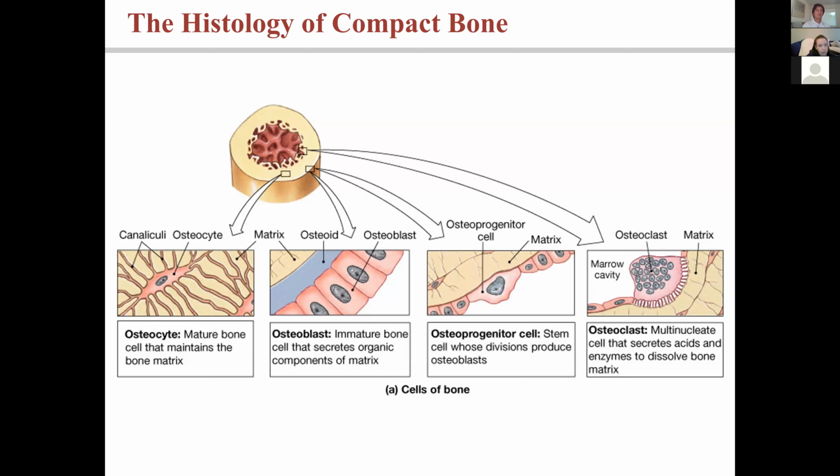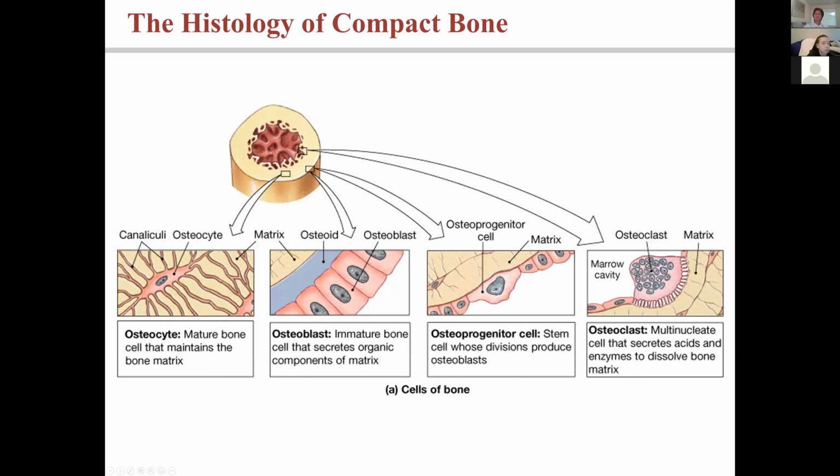This is one of them. These multinucleated cells present in the endosteum, this inner layer facing the medulla, are going to secrete acids and enzymes that dissolve the bone matrix. So this is part of that dynamic process of bone resorption and constant bone deposition.